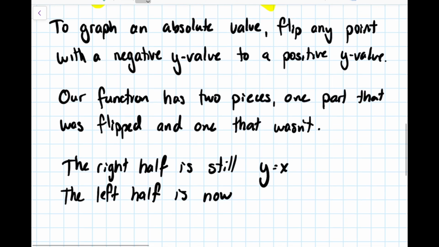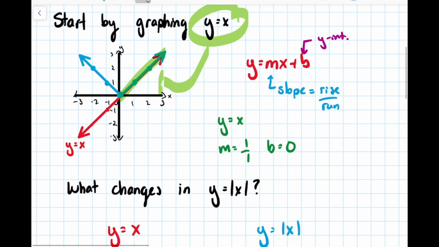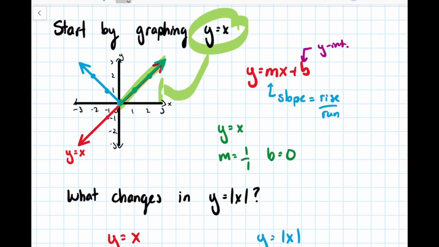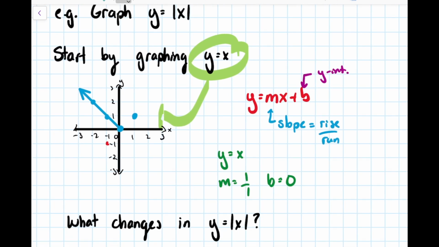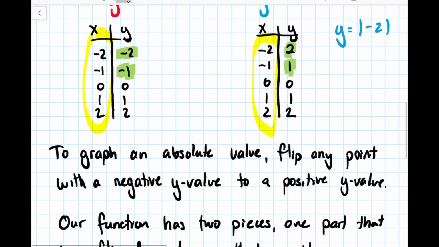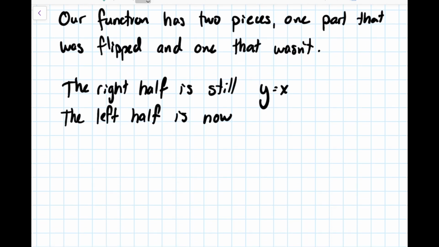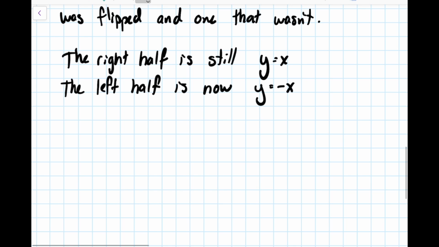And so if you look at that just as a linear equation, you ignore everything else. Let's erase a bunch of stuff to clear this up. If I just asked you for the equation of this line that you see here, well, it's got a y-intercept of 0 still, but now its slope, instead of being +1, is now -1. So let's go down here and we'll fill that in. So our left half of the graph is now y equals -x. And so our goal is to write some kind of function that puts these two things together.